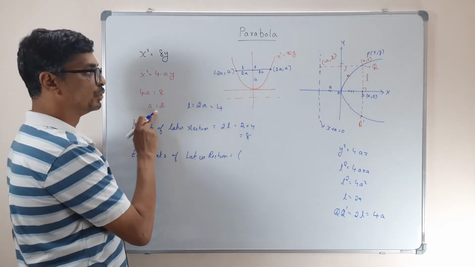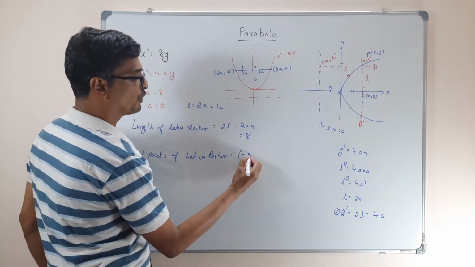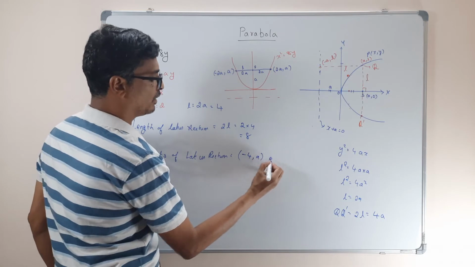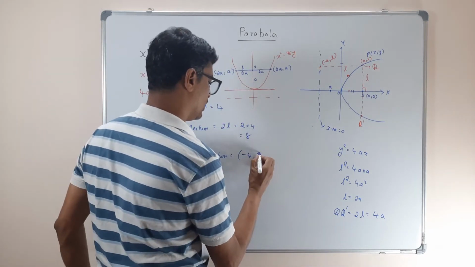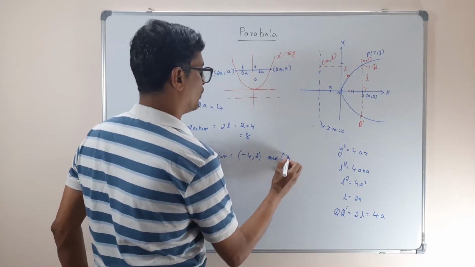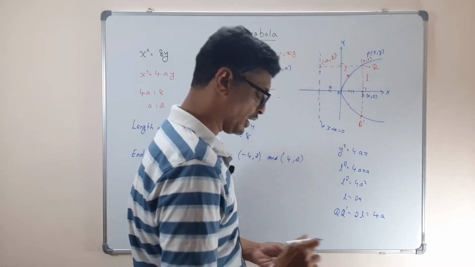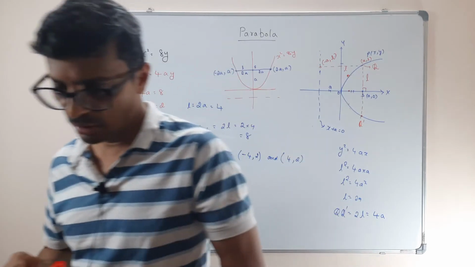A equal to 2. So this will be minus 4, comma 2, and 4, comma 2. And that's your answer. Okay, got it?